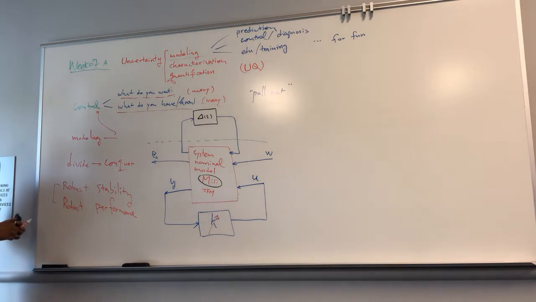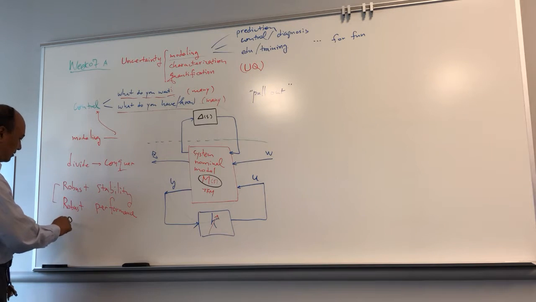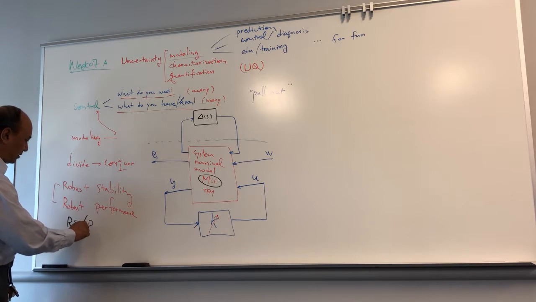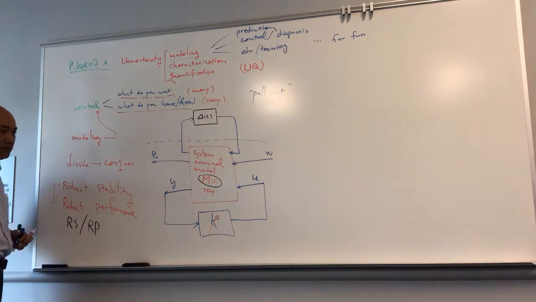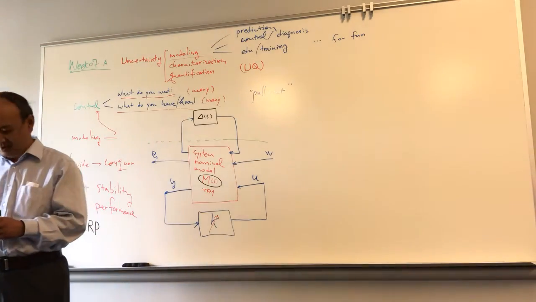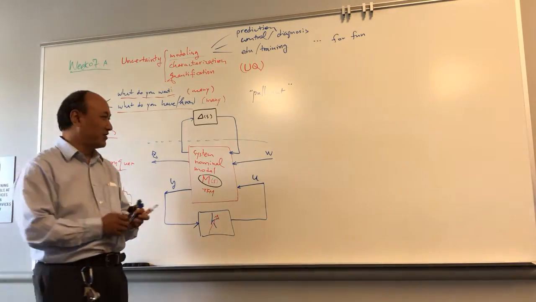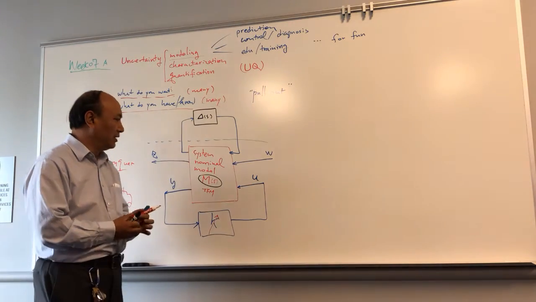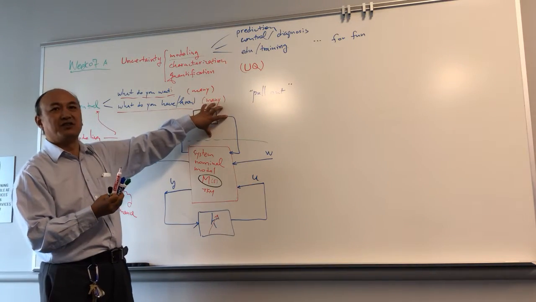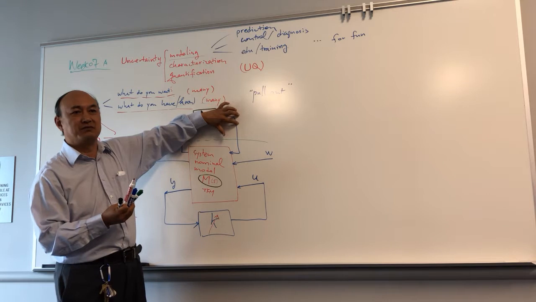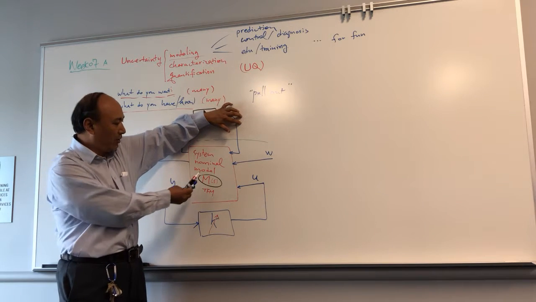Okay, so RS versus RP. Let me give you an example. Okay? Let me give you an example. So suppose I didn't consider this. Okay? I don't have this one. Suppose I don't have this one. I only have a model.